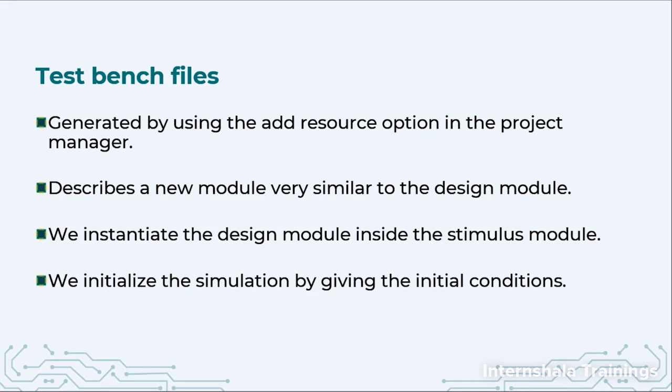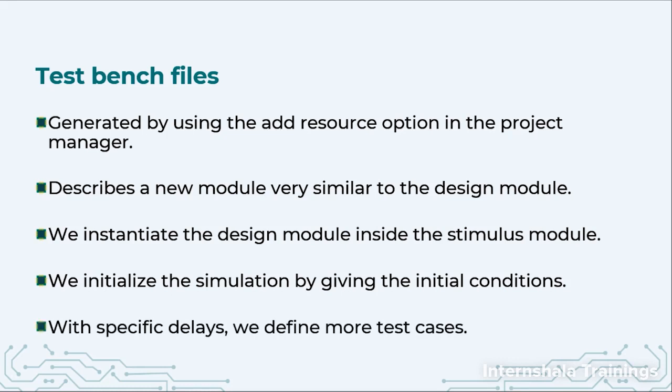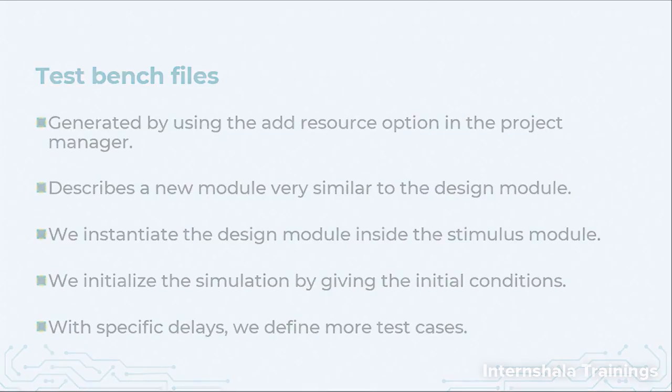Then we will initialize the simulation by giving the initial conditions, and with some delays we are going to define more test cases, and then we can also mention when we should stop the simulation.